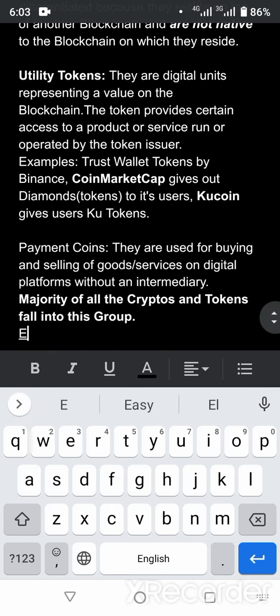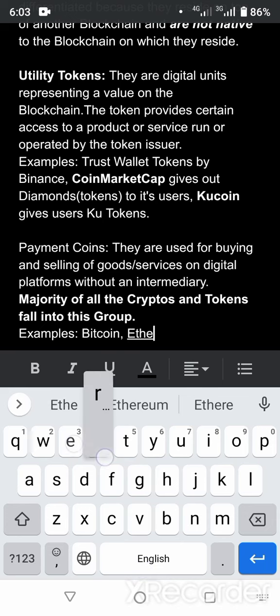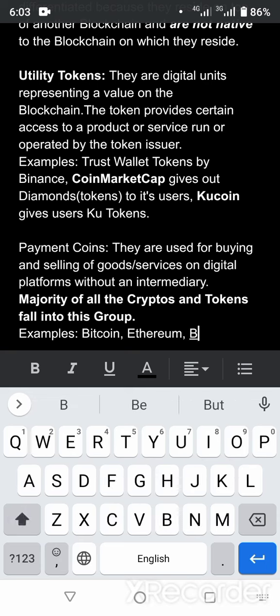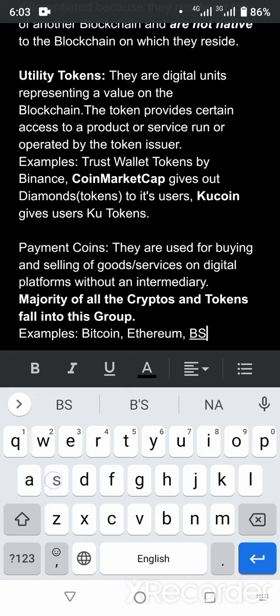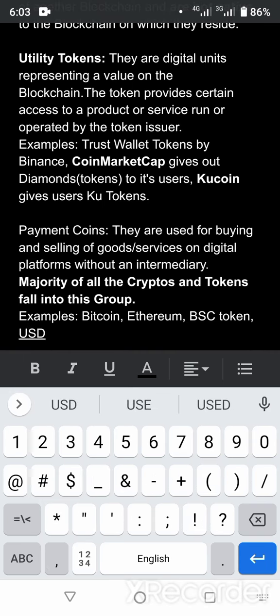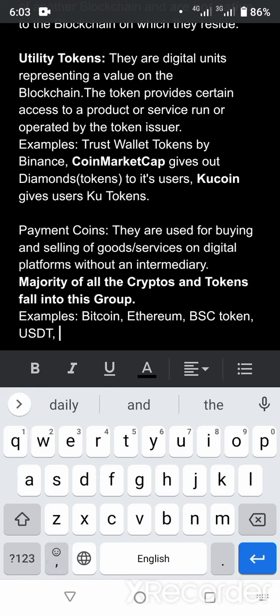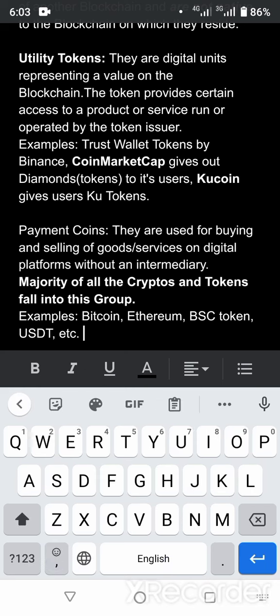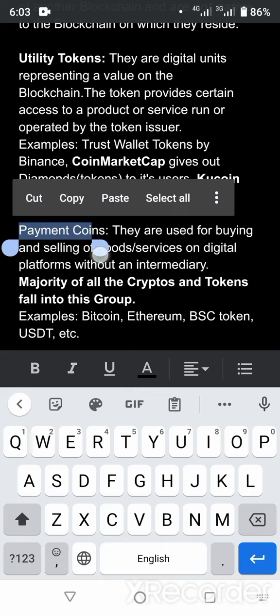Major examples are Bitcoin, Ethereum, Binance Smart Chain token, USDT, and just name it, etc. So those are payment coins or tokens. Let me make this bold. These are payment coins or tokens.